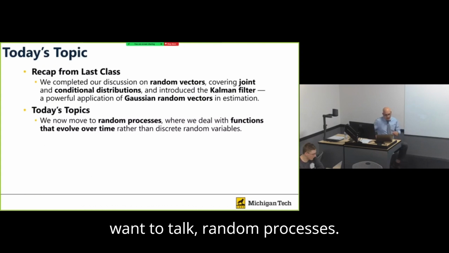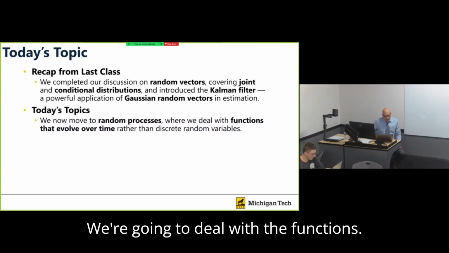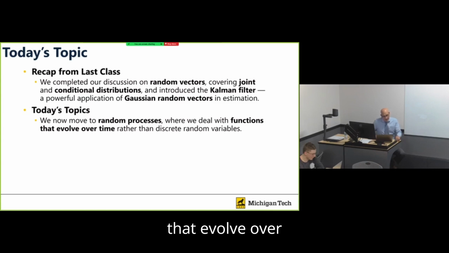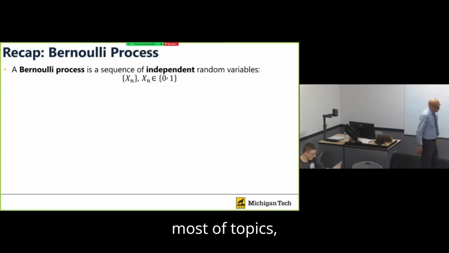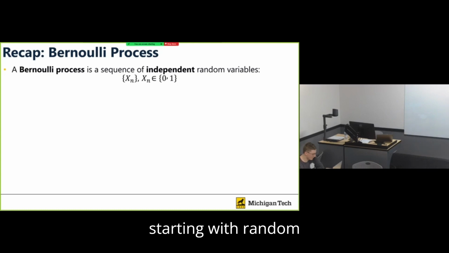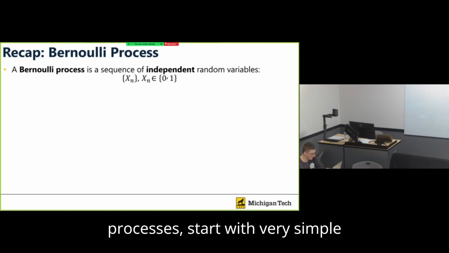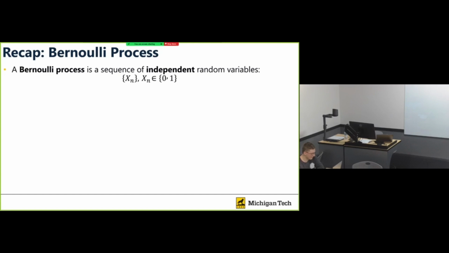Yes, this is what we want to talk about. Random processes. We're going to deal with functions that evolve over time. Most topics starting with random processes start with a very simple process, the Bernoulli distribution.